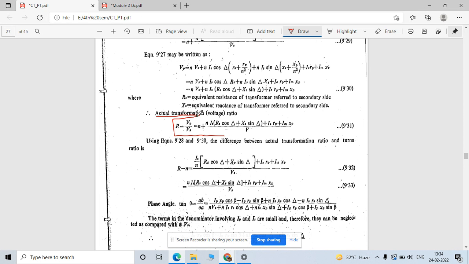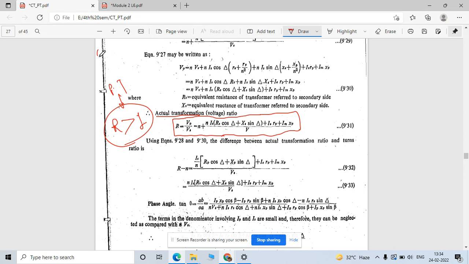Actual transformation ratio is nothing but your primary voltage to the secondary voltage. ओके, सो नाउ सी हेयर, सेकेंडरी वोल्टेजेस तो हमारा कितना होता है, अराउंड वन, कंपेयर टू प्राइमरी वोल्टेजेस लेस ही रहेगा. सो दिस आर वैल्यू इज ऑलवेज ग्रेटर देन वन फॉर दिस वोल्टेज ट्रांसफॉर्म. एंड इफ आई कंसिडर इन योर सी टी में क्या था, सी टी में प्राइमरी करंट डिवाइड बाय सेकेंडरी करंट. ठीक है, सो सी टी में दिस इज फॉर योर पी टी.